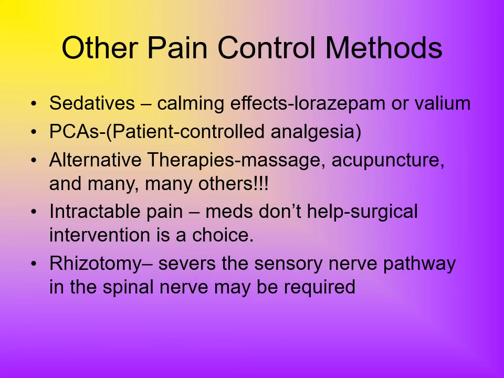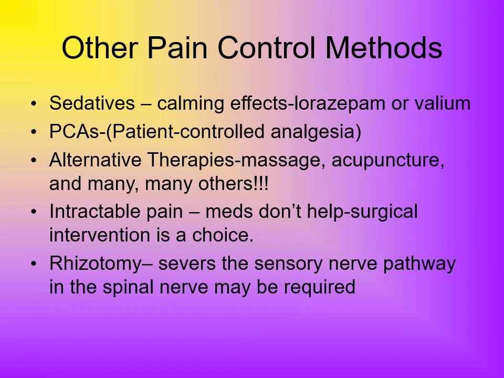Other pain control methods: sedatives, which have a calming effect. Anti-anxiety medications like lorazepam or Valium. Patient-controlled analgesics are small pumps attached to vascular access sites. These are regulated by the patient and administered when needed.